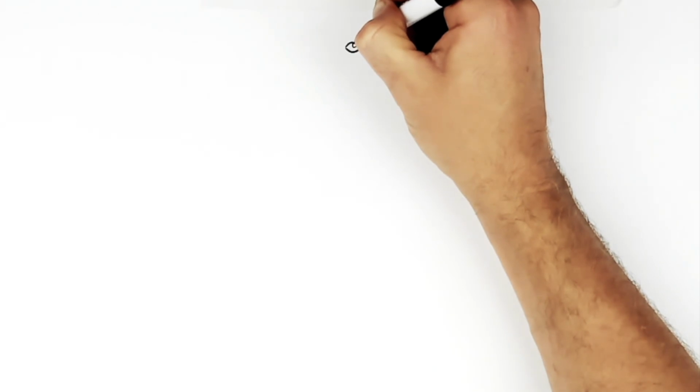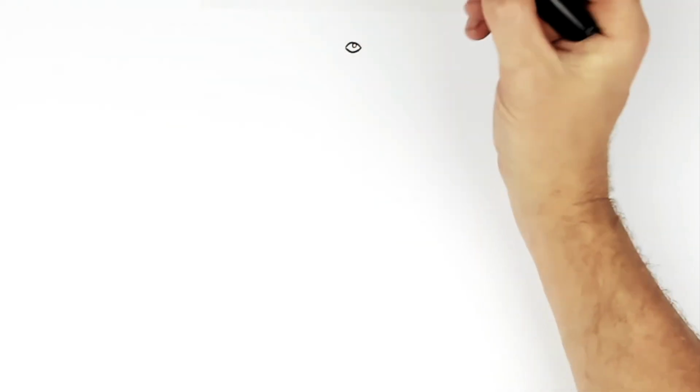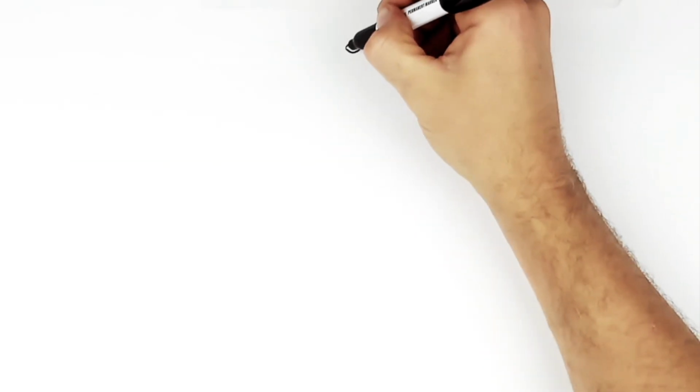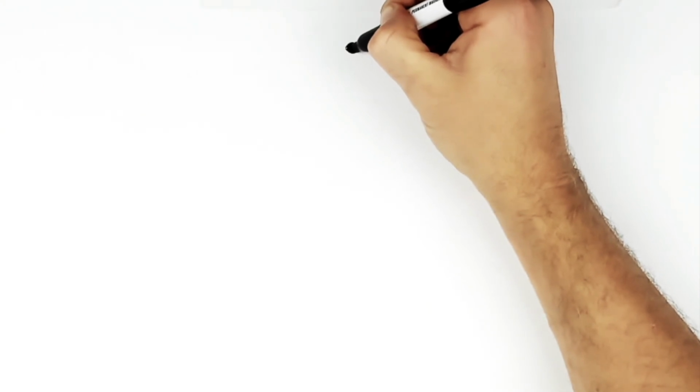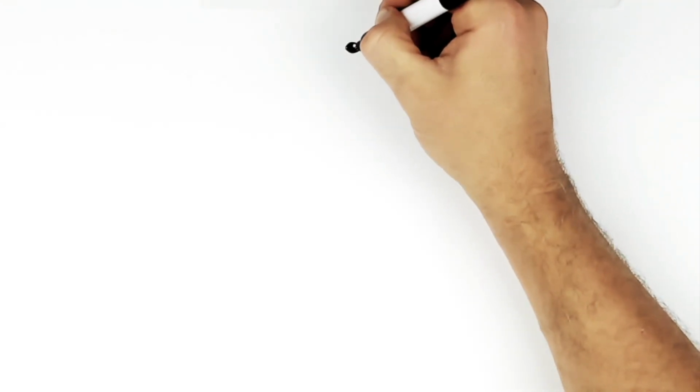There's two ways of doing the highlight. You could leave it white or you could add white paint after you color it in. So I'll just do it this way. Okay.